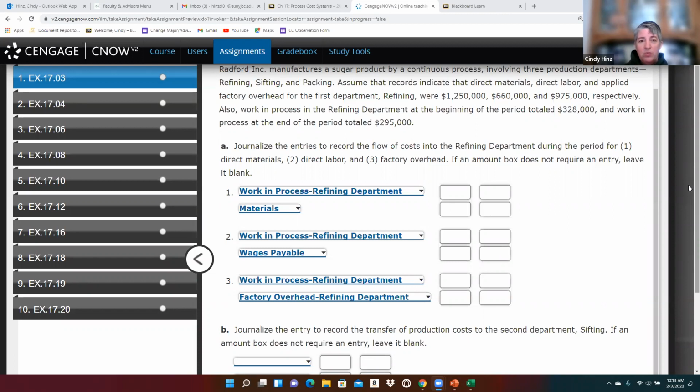So if you wanted to use direct materials for the refining department, but direct labor hours in the sifting department, because they don't add direct materials maybe, then you would need a separate account for each one of those, because you'd have to have a separate allocation rate for each one.